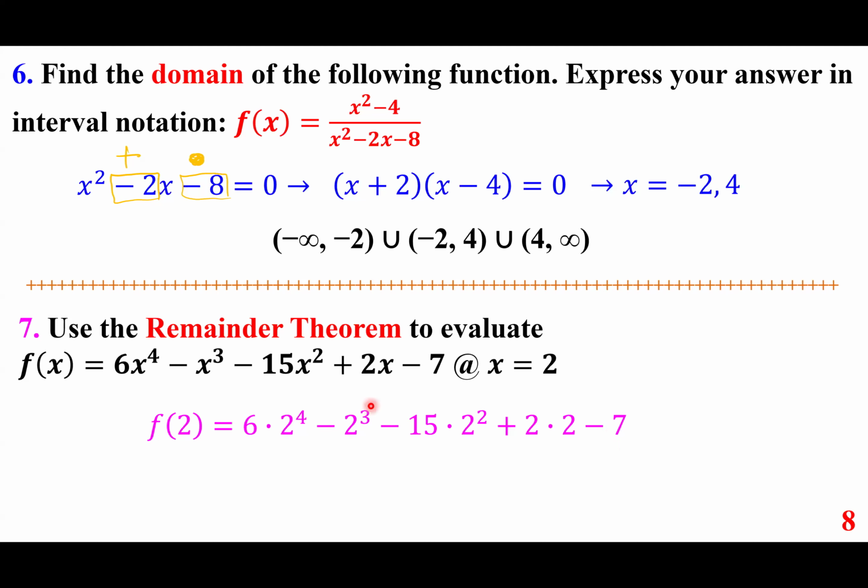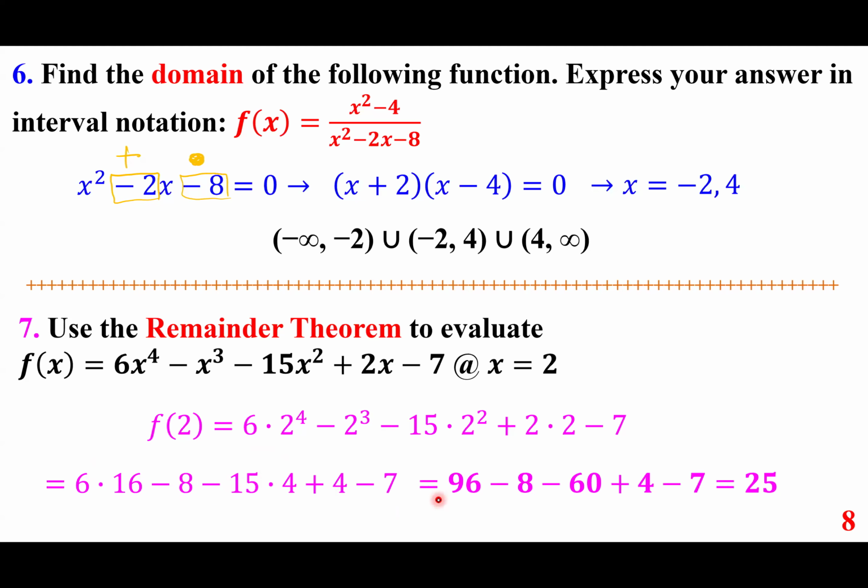This is minus 8, minus 15 times 4. This is 4. 6 times 16 is 96, minus 8, minus 15 times 4 is 60, plus 4 minus 7. And you add them up, you get 25.